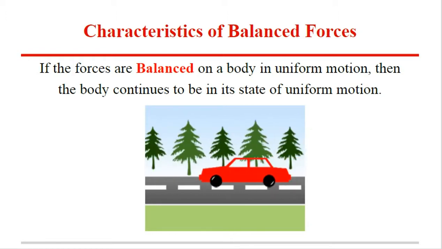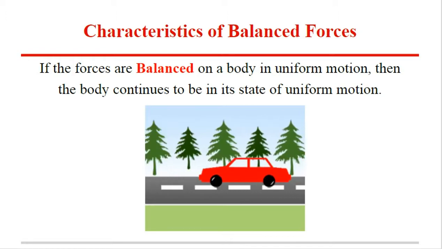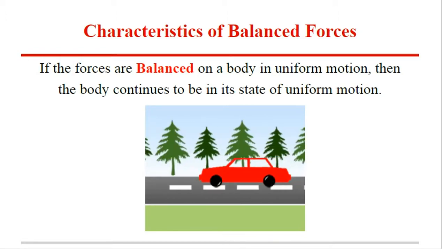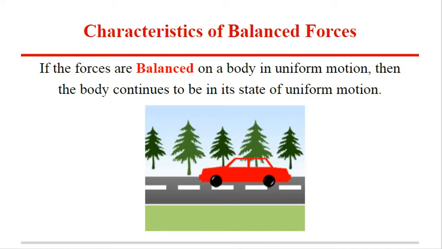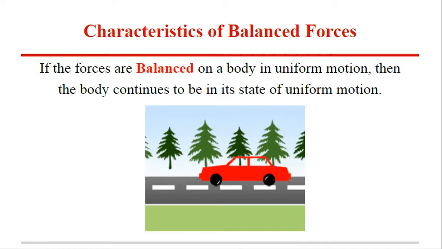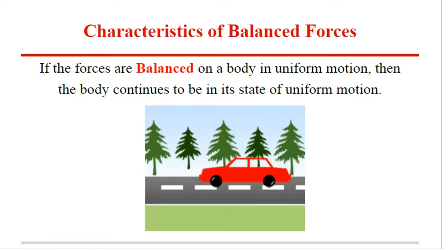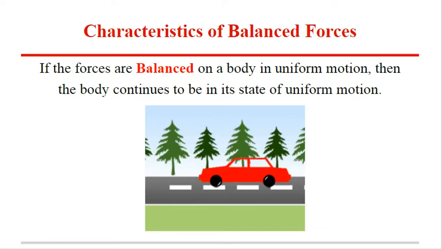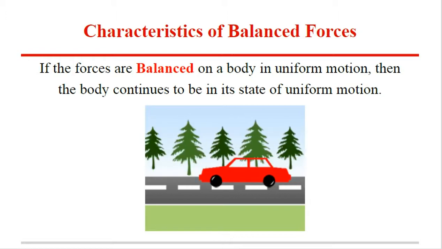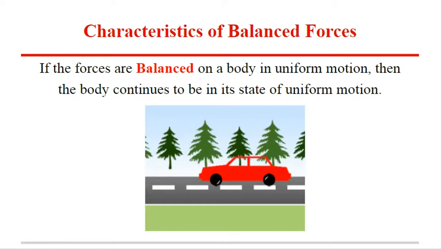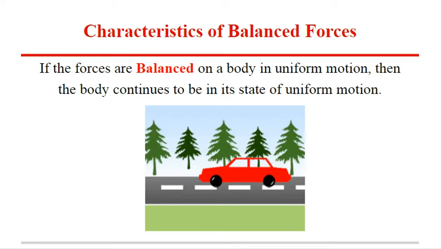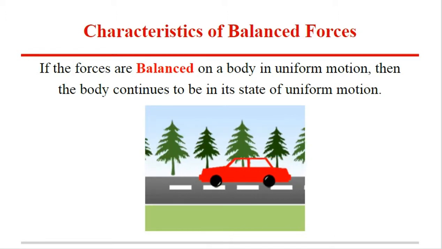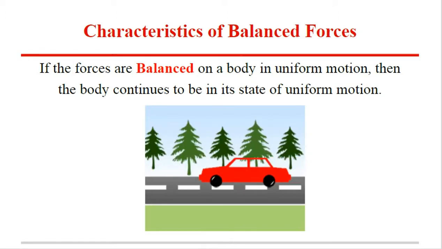Whenever balanced forces act on a body which is already moving at constant speed or constant velocity in a certain direction, then there would be no change in the state of motion of the body, which means even after the action of balanced forces on a body moving at uniform speed, the body still continues to move at the same velocity.